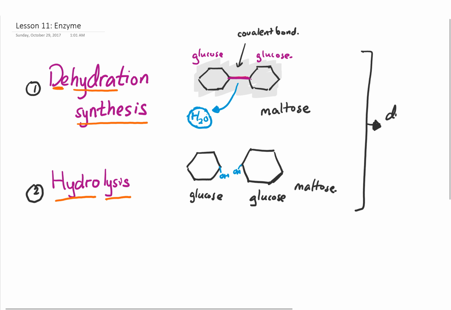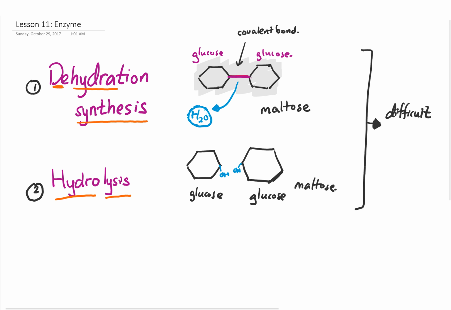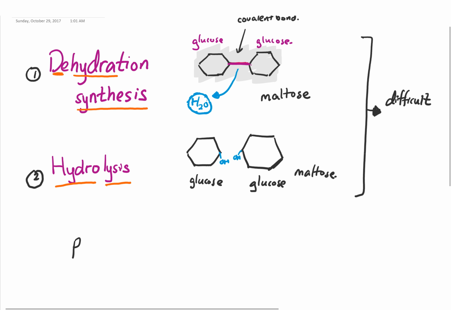Not that it cannot be done, but the reaction rate is very slow. It takes forever to do this in our body. So we have this special protein, a protein that can speed up this reaction in our body, and we call this protein an enzyme.